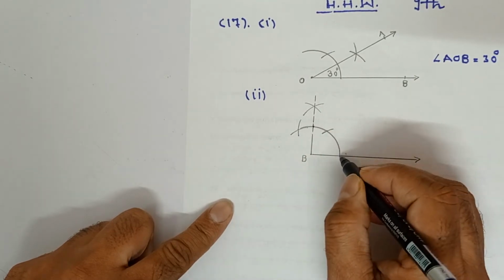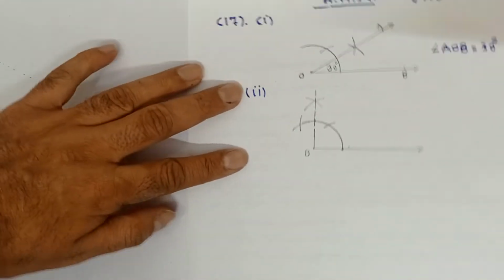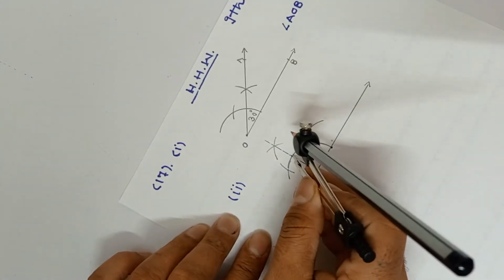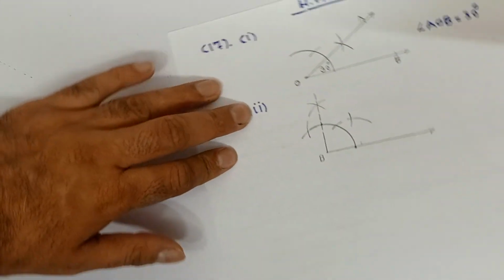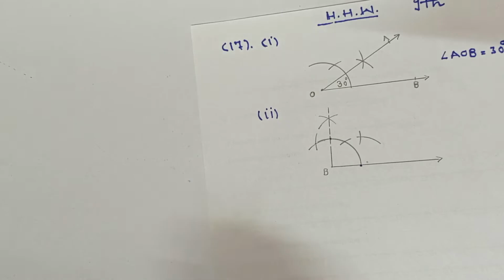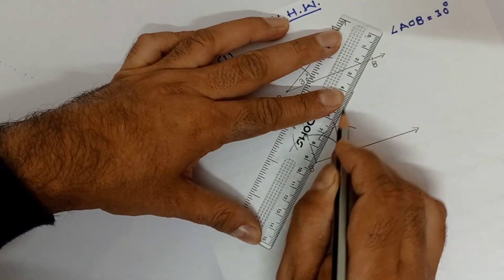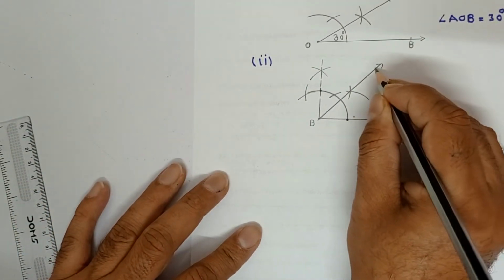One time you need to keep the compass here, one time keep the compass here. So keep it here, one arc. Keep it on 90, this is another arc. So extend it. This is 45 degree. Arrow.